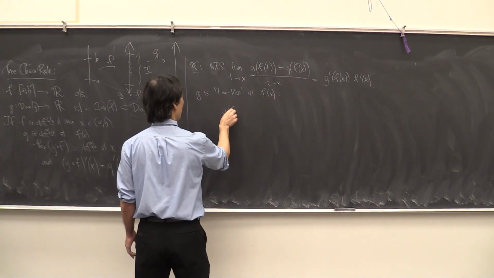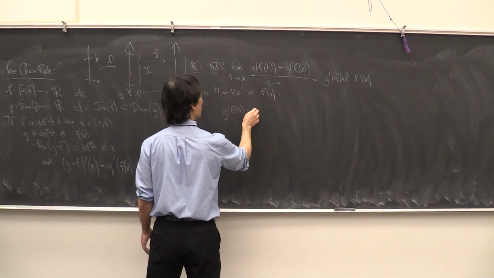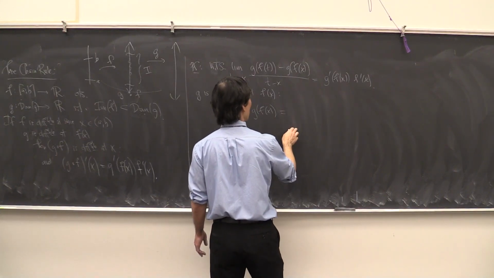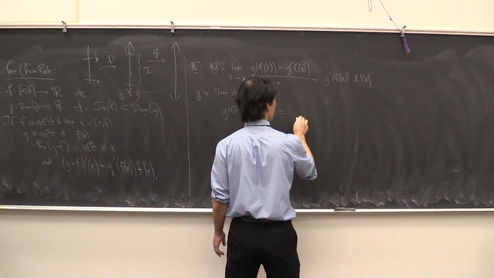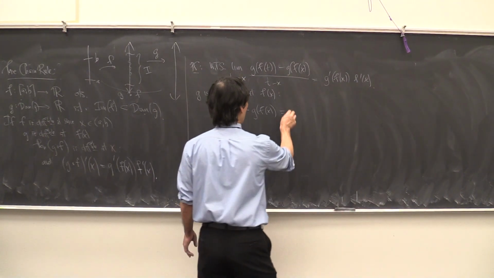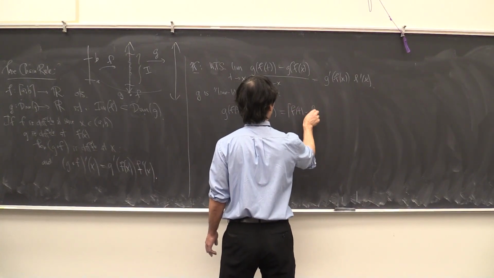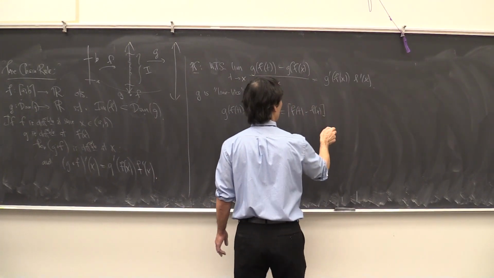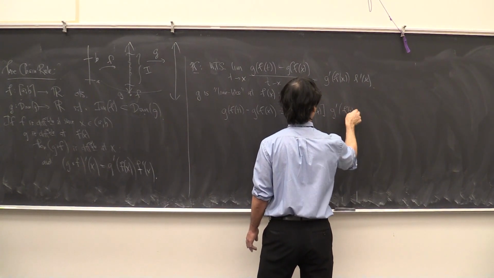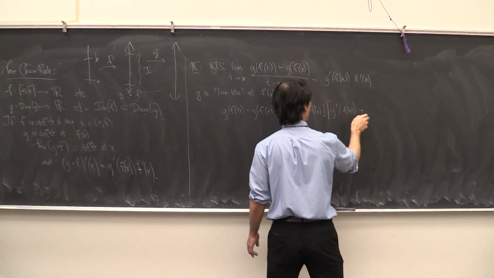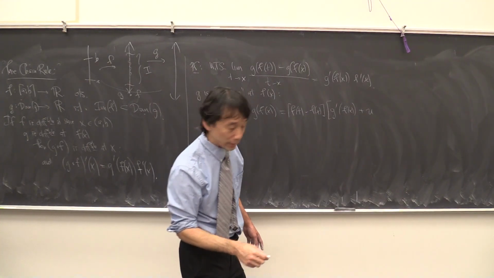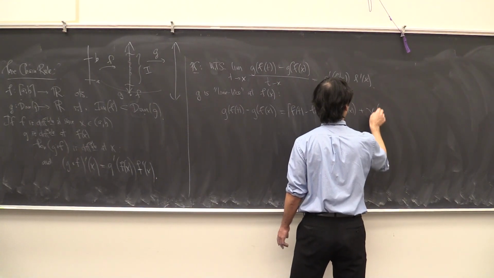That tells you that g of f of t minus g of f of x can be written as f of t minus f of x times g prime at f of x plus some error term, what did I call it? V, sorry, V at f of t.